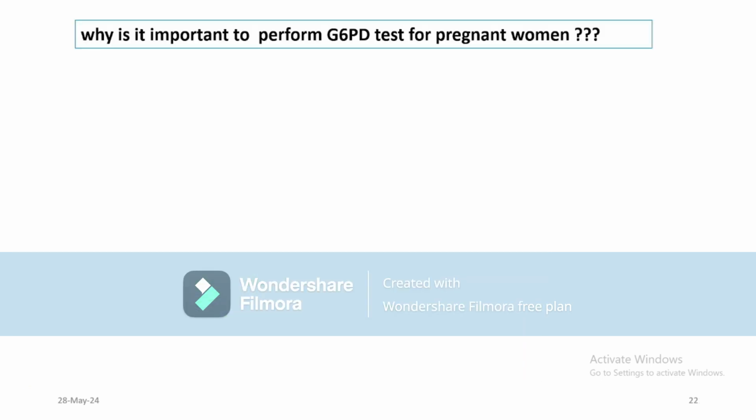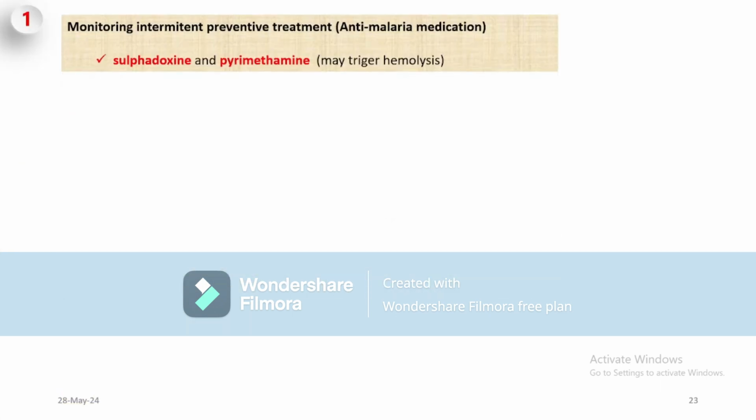And then one thing that people have been asking, why is it important to perform the G6PD test for pregnant women? So the first one is to monitor intermittent preventive treatment. You know, in Ghana here, pregnant women are entitled to anti-malaria medication.